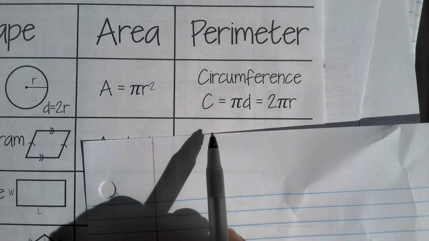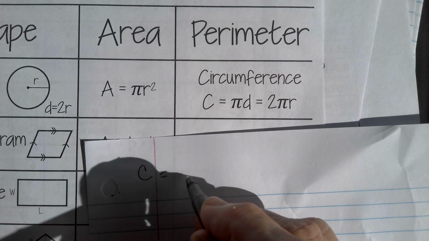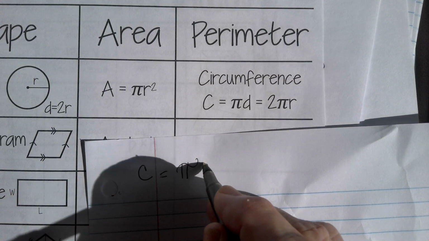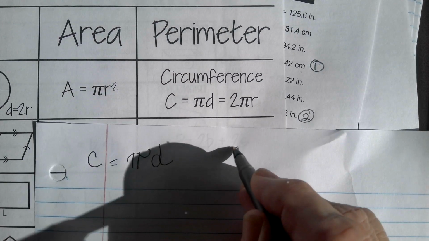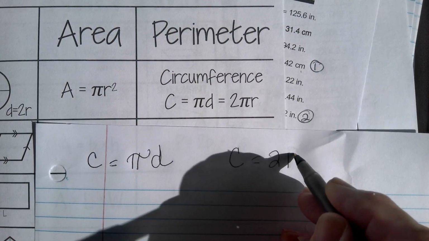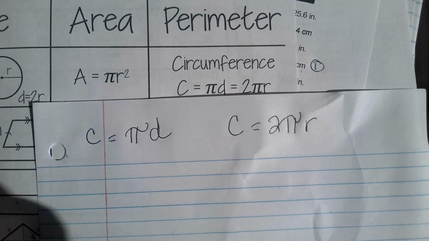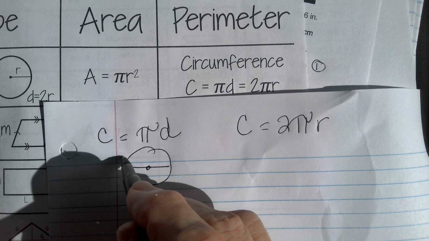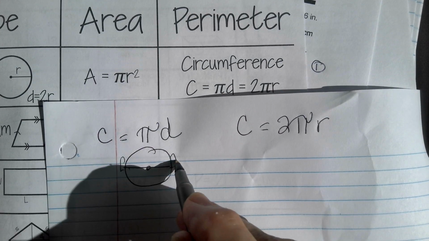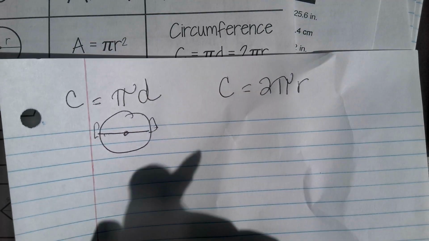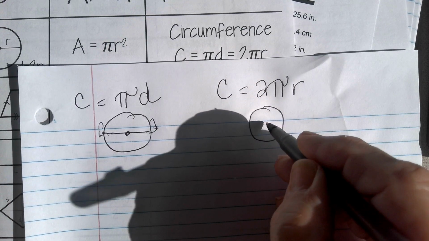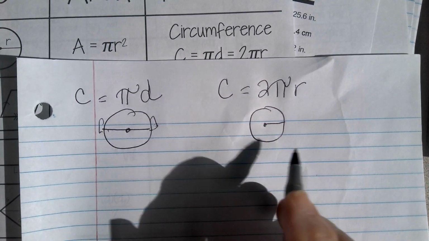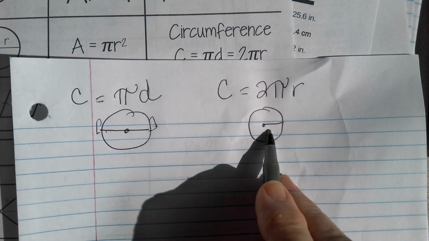For circumference, we're either going to use pi times diameter, or you're going to use 2 pi r. And just as a reminder, a diameter is the distance from ear to ear, Dumbo from ear to ear, diameter. The radius is from the center. It is half of a diameter.